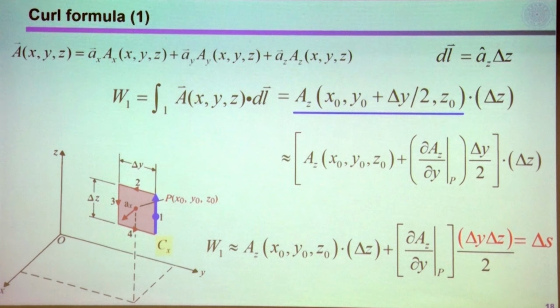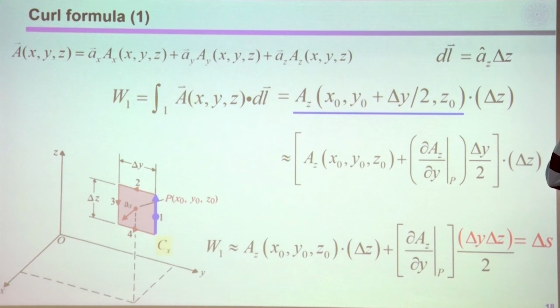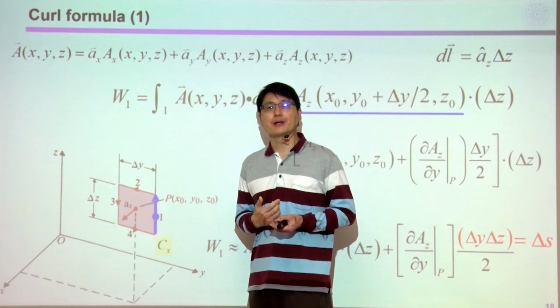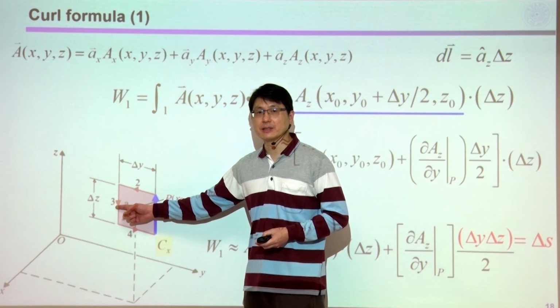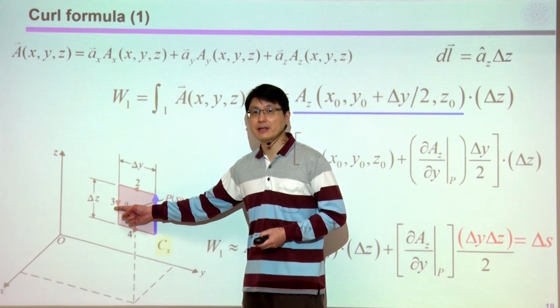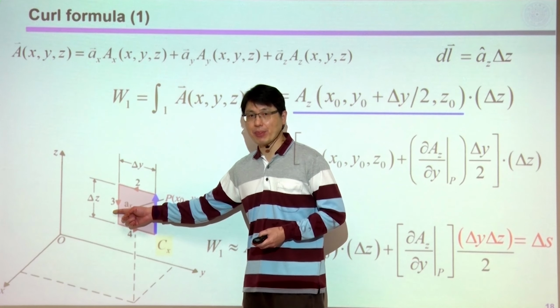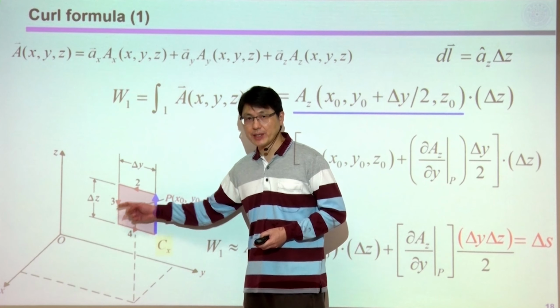Okay, so as I mentioned, we need to evaluate the work done over 4 segments, 1, 2, 3, and 4. So at this point, which other segment do you want to calculate? Do you want to calculate segment number 2, 3, or 4? TA says, I want to calculate the work done over segment number 3. Why?